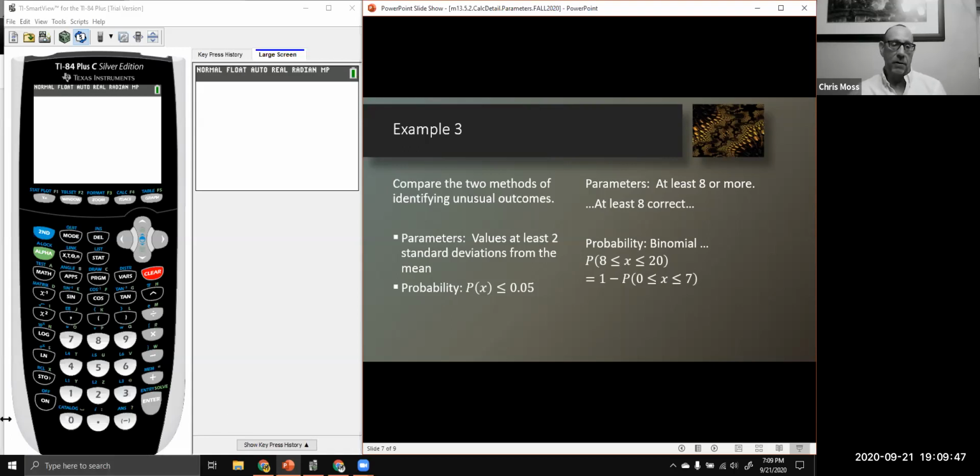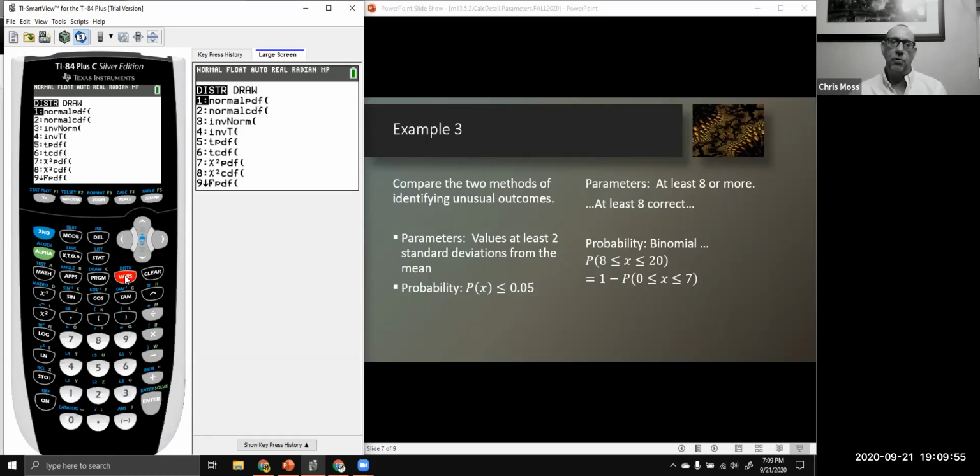Now, on my calculator over here, it's pretty straightforward. 1 minus, I'll go to distributions, scroll down, and there we go, the cumulative distribution function.